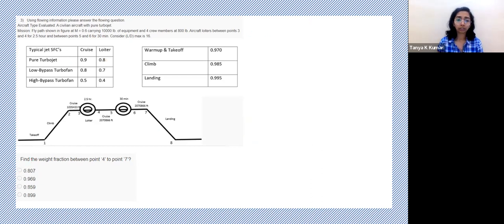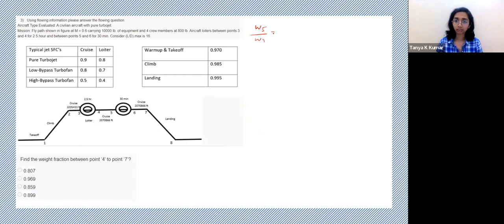What is the weight fraction between points 4 and 7? How do we go about doing this? We take individual weight fractions and then multiply them. First we start with W5 by W4.